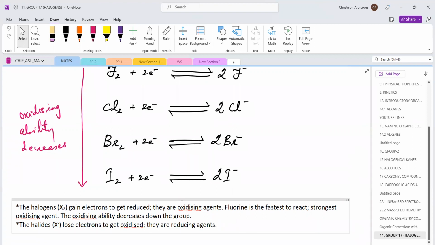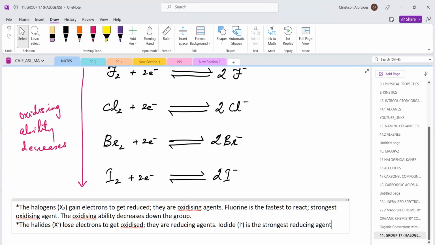Now, I minus, as we've just seen, the iodide, not the iodine. The iodide is the I minus ion. So the iodide is the strongest reducing agent.